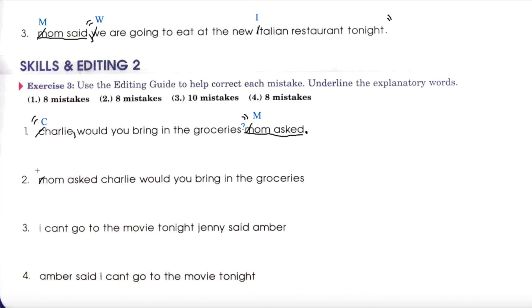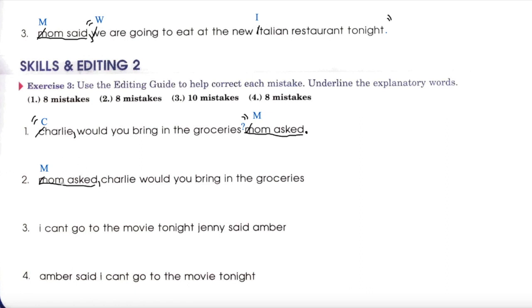Okay, number 2, let's follow our steps. Capitalize the first word. Underline explanatory words. Put a comma after the explanatory words. So the whole sentence says, Mom asked Charlie, would you bring in the groceries?